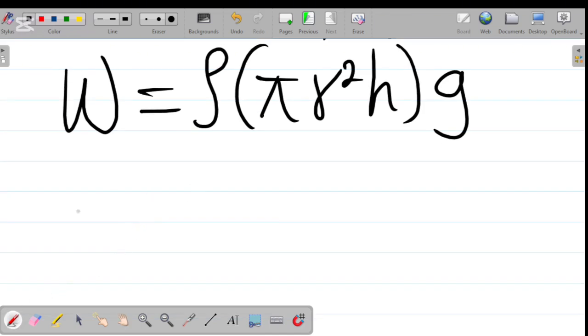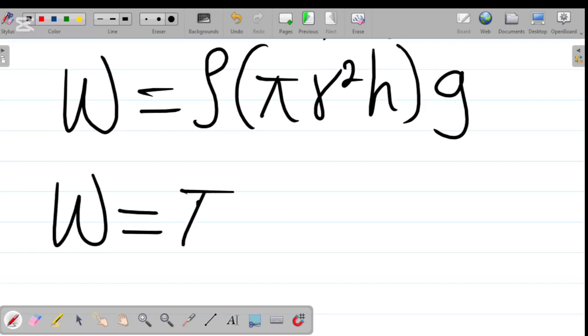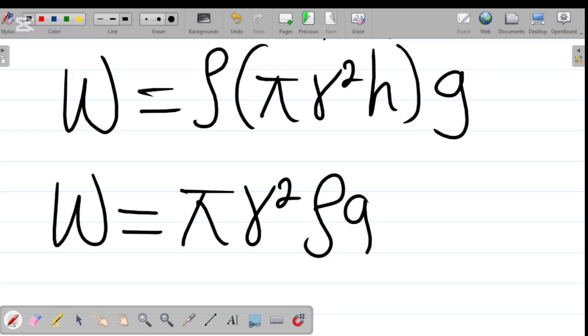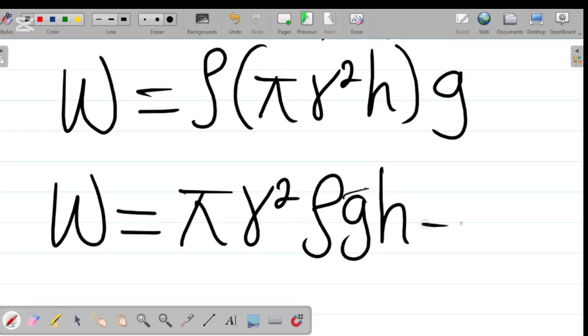If you open up the bracket, you would have weight is equal to pi r squared rho GH. So let's call this equation 8.